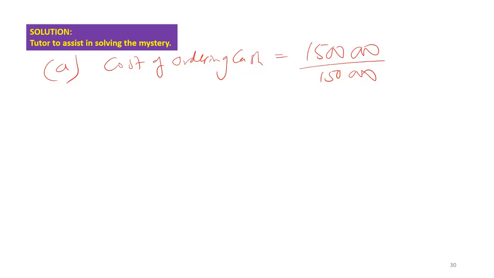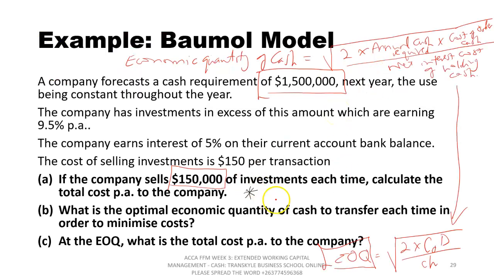This fraction is going to tell us how many orders we are going to make in a year. So you can see that we are looking at 10 orders, yes, 10 orders. But we are told in the question that each time we sell an investment, we are going to be charged $150 per transaction.